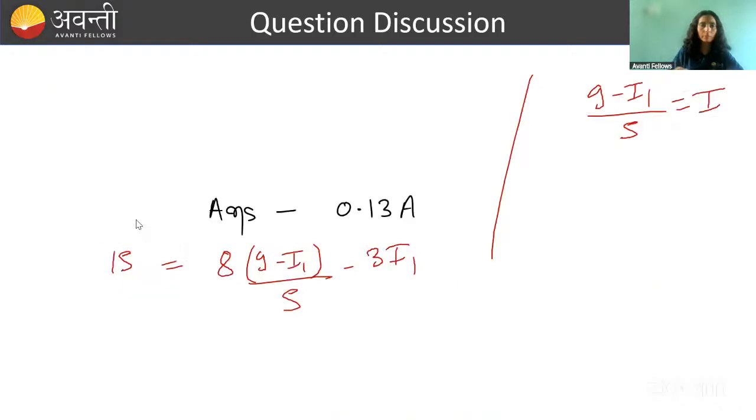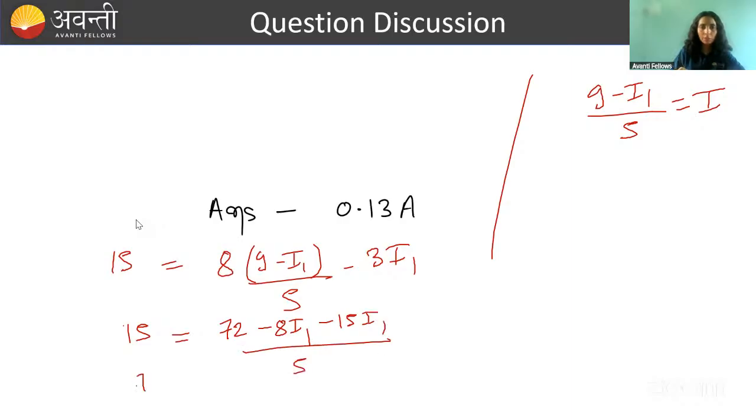Minus 3I1. Actually I included this question because it had a lot of calculation, so I felt we should do one like this as well. 72 minus 8I1, and this will become how much? Minus 15I1 divided by 5.